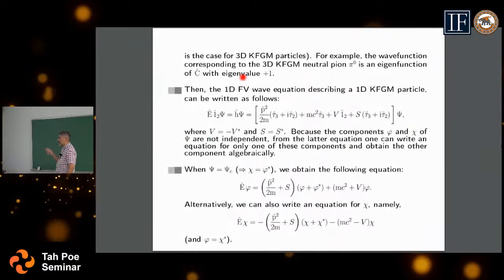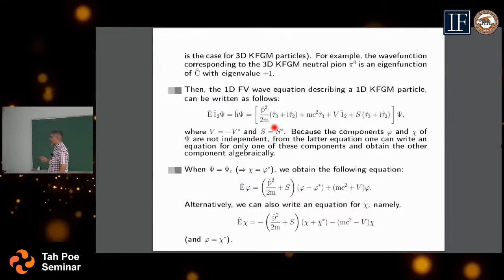For example, the wave function describing the pion, you can see this in handbooks, is an eigenfunction of C with eigenvalue minus 1, not plus 1. So this is important to consider. Two Majorana conditions, two different kinds of particles, describing neutral particles in both cases, of course.